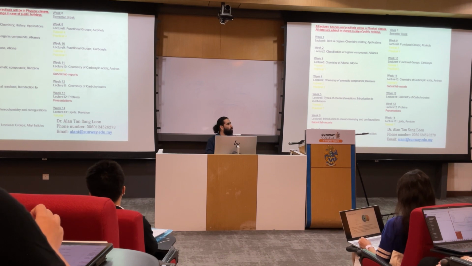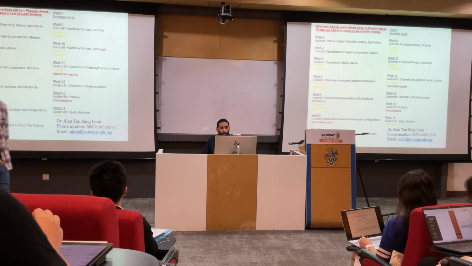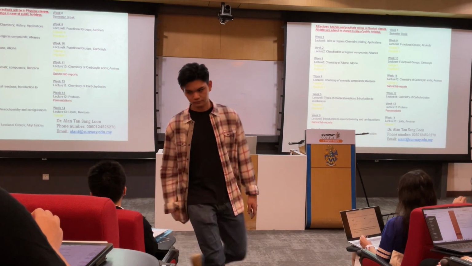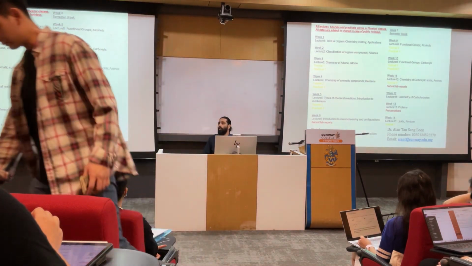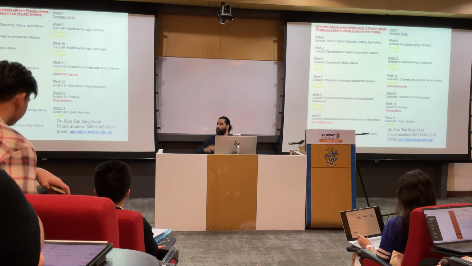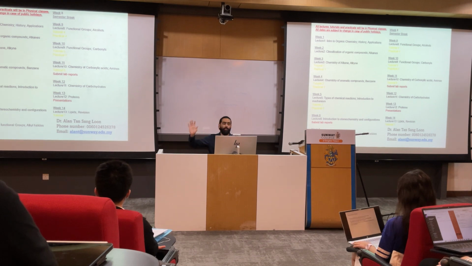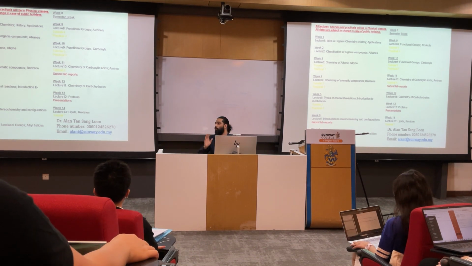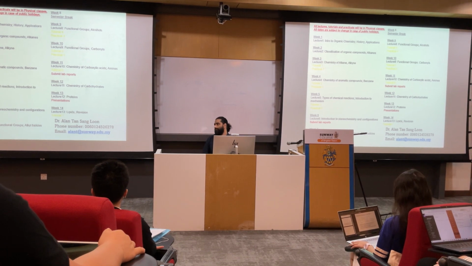Your coursework will be divided into 2 major aspects. Number 1 is your lab reports, which will weigh 25% marks. So 60 and 25 is 85. The remaining 15% will be for your presentation.